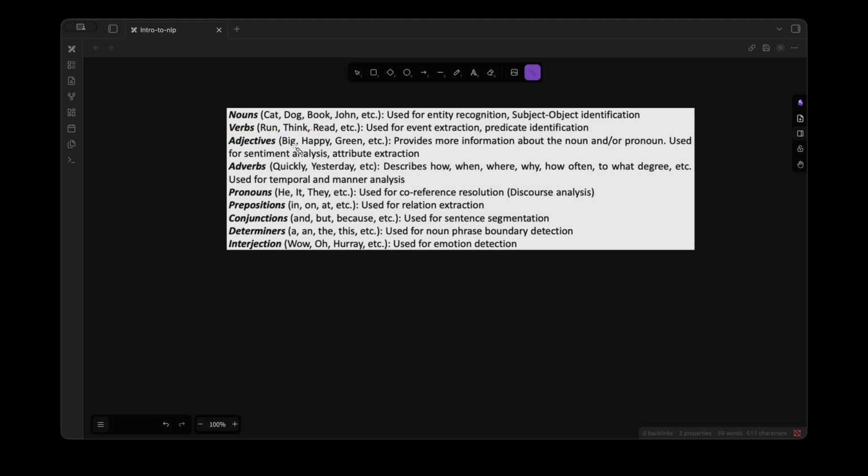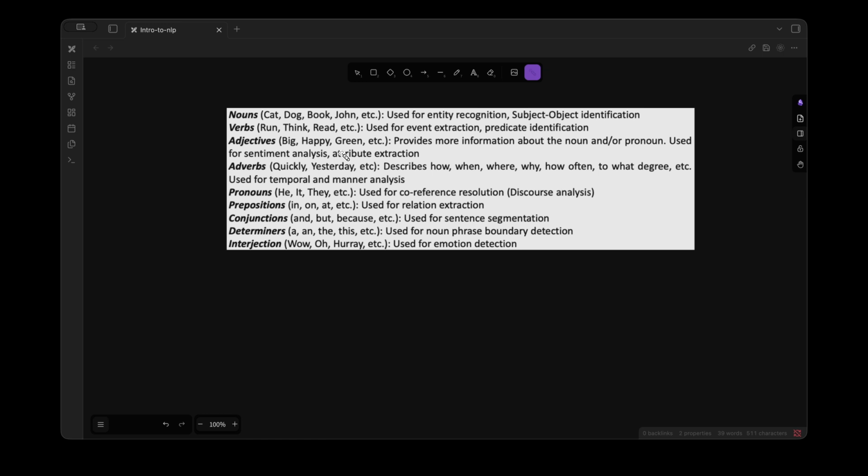Verbs we understand, adjectives explain the noun, like big, happy, green, a happy life, a happy man, a big boy, a big girl. Adverbs explain the verbs, like I was eating quickly and I saw that yesterday. Pronouns co-refer to nouns.